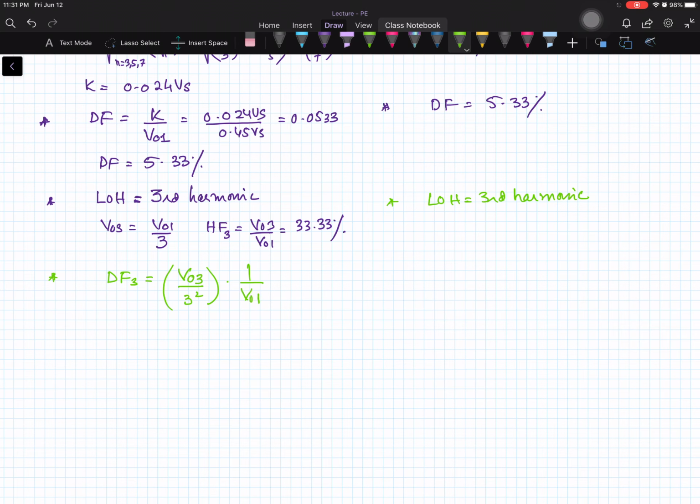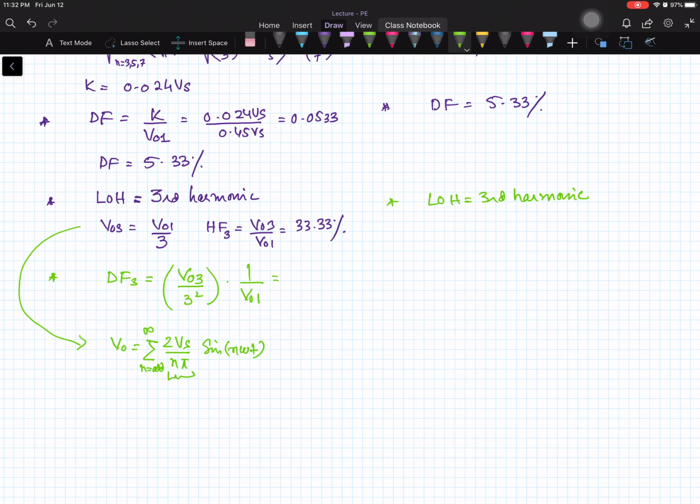We know that V03 is equal to V01 by 3, and we know this because V0 is equal to 2Vs by n pi, summation over all harmonics, into sine of n omega t. From here you can see that if we calculate the magnitude of the third harmonic, it will be 1 by 3 of your fundamental component.